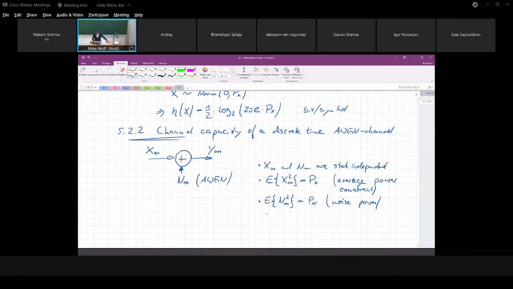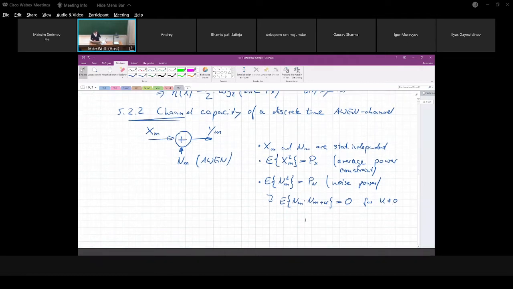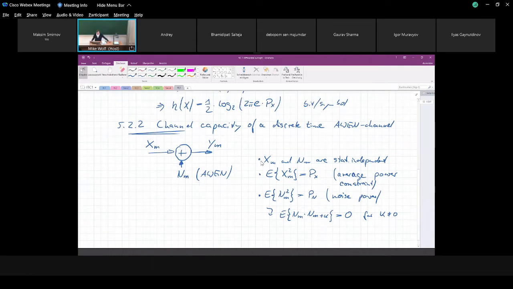So we could also say the expected value of nm times nm plus a certain value k is just 0 for k not equal to 0. Two different samples are statistically independent. Now we know this noise is Gaussian distributed. This is where the G comes from. White means basically this expression at the end.